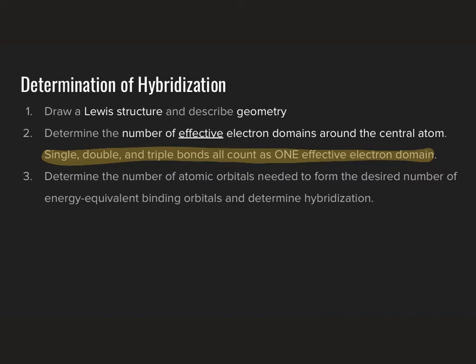Once we have gone through and determined the number of electron domains, we're then going to determine the number of atomic orbitals that will be needed to form the desired number of energy equivalent binding orbitals. And when we do that, we're really checking to see that we're not putting some electrons at a way higher potential energy level than others.